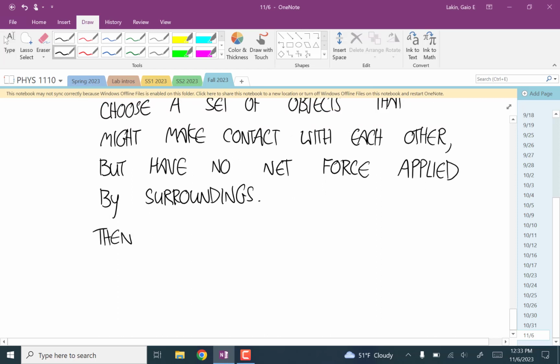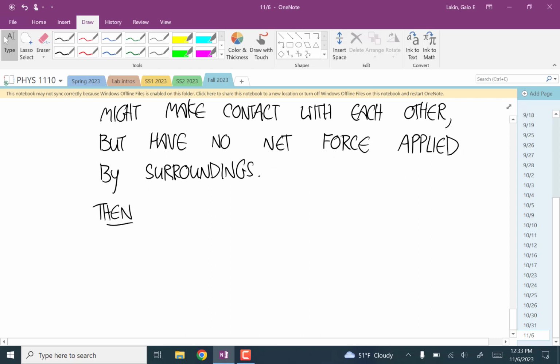Then conservation of linear momentum says the mass of the first object times its velocity vector plus the mass of the second object times its velocity vector, plus so on. Let's say there's n of these. And this is at instant 1.